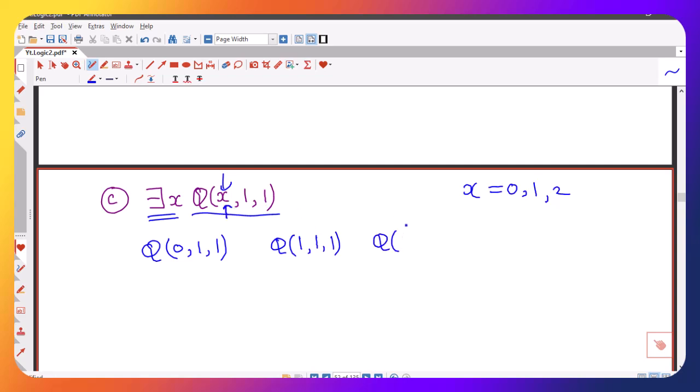So by taking x equal to 2, we have 2, 1, 1, and it is required that this is valid or true for at least one value of x. So it can be true for x equal to 0 or for x equal to 1 or for x equal to 2. It is not necessary that all these hold. Therefore, we use disjunction here.